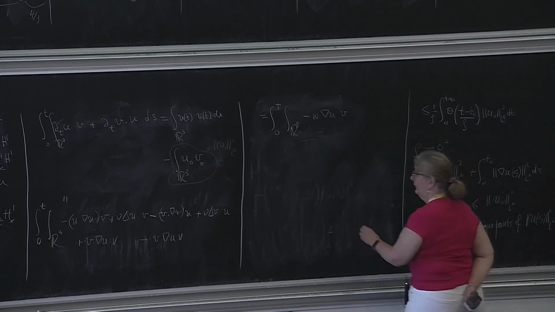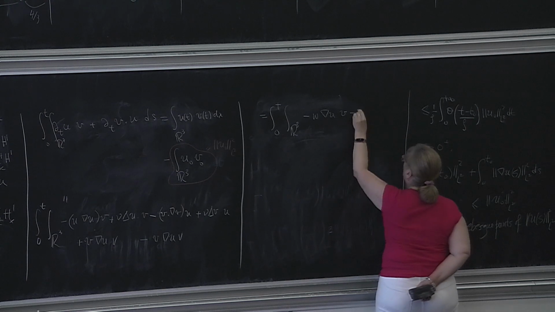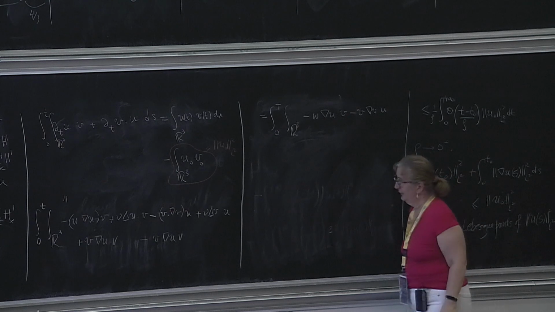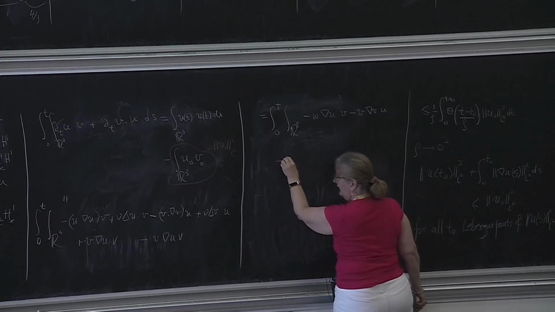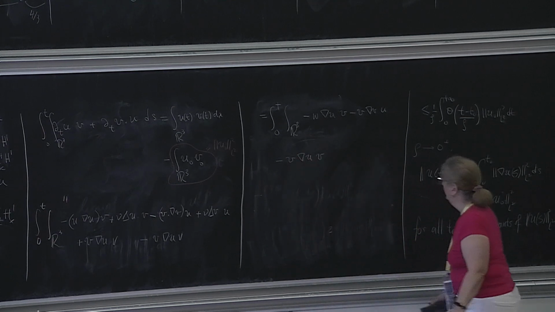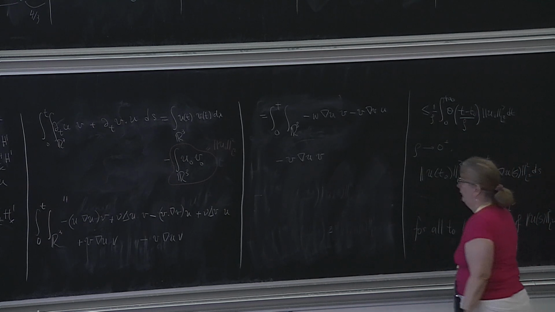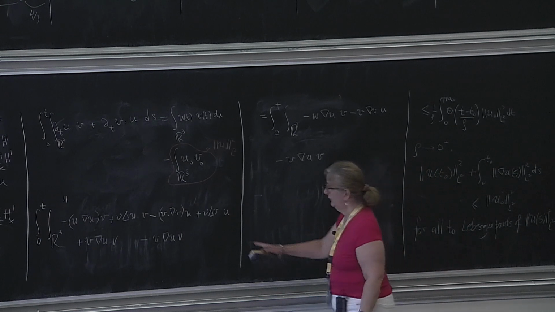So the other term, minus v dot grad v u from here, minus v dot grad u v, the term that I subtracted, plus the difference.